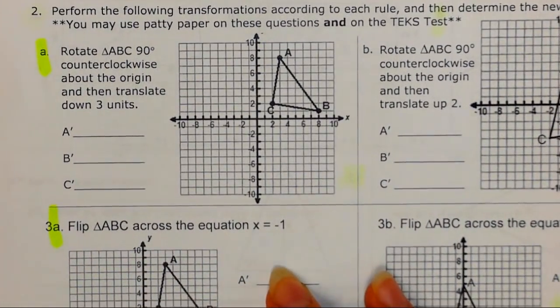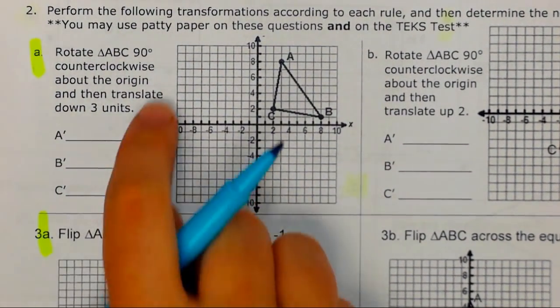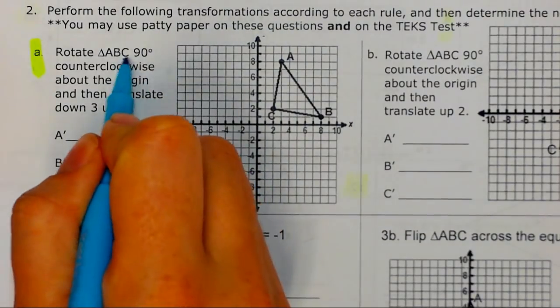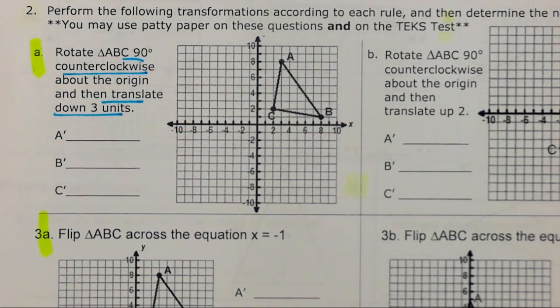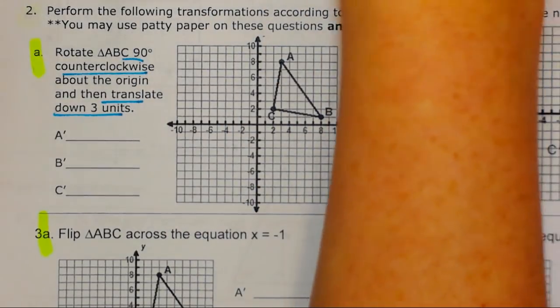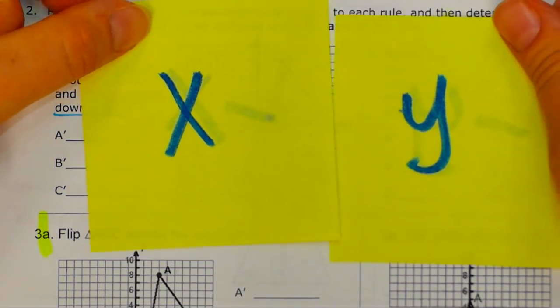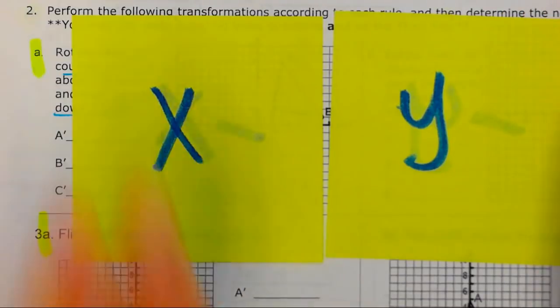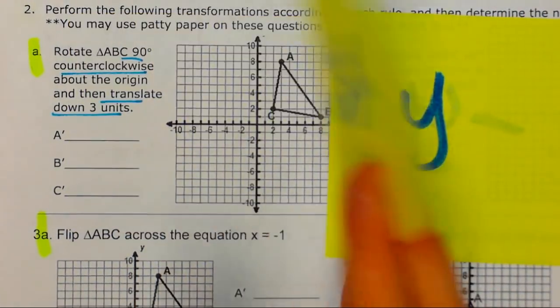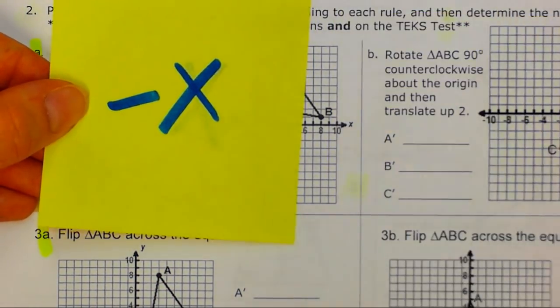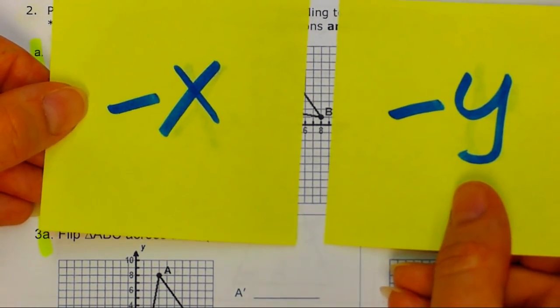Okay, number 2. This wants us to rotate 90 degrees counterclockwise and then translate it down 3 units. All right, so I want to remind you of this card trick. So you start by putting your x and y coordinate on the front, and on the back you have negative x and negative y.